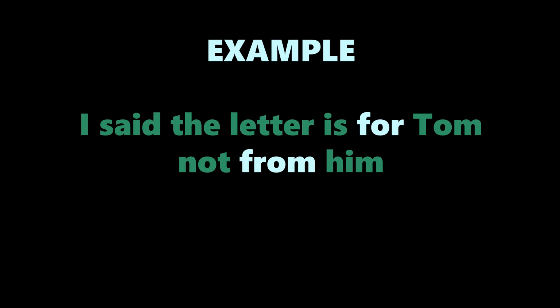So this is just one example of how we can use strong forms to give emphasis to these little grammatical words, these little glue words that normally are weak because they're not so important. Generally speaking, in the pattern, the music of an English sentence, the kind of words we tend to emphasize are the important verbs and the important nouns.